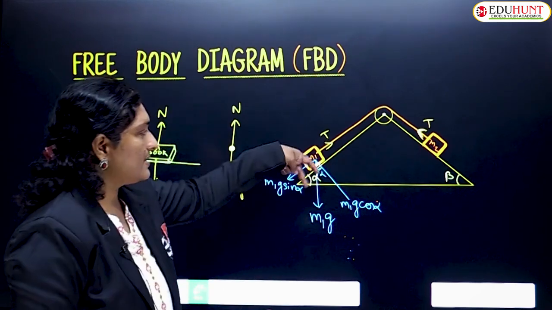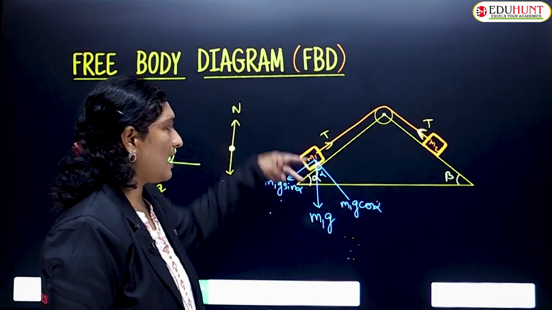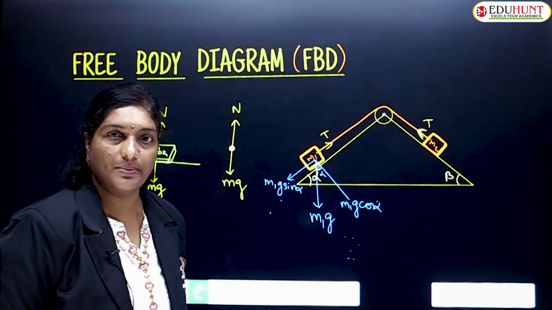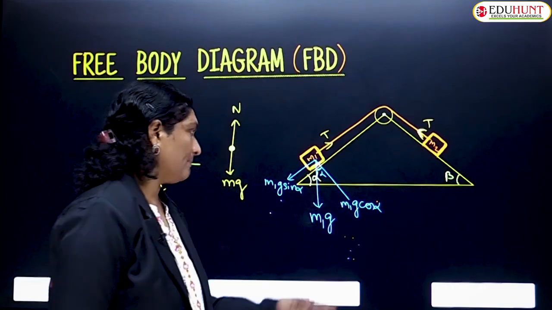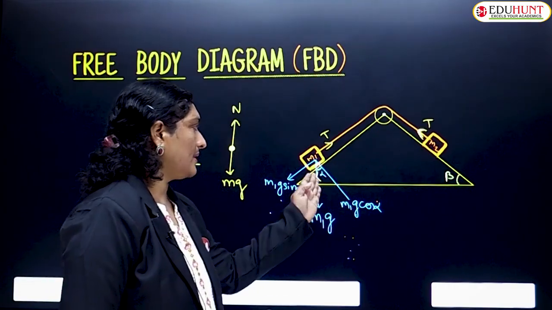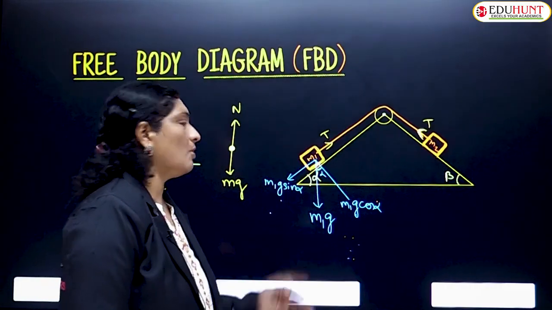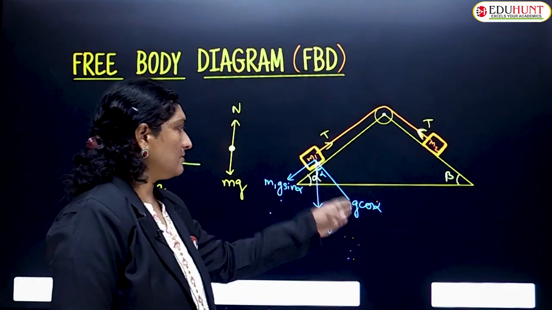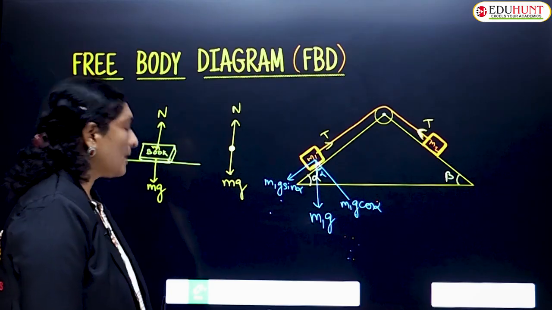The blue lines are perpendicular to the yellow lines. If the angle between these is alpha, the angle between them should also be alpha. The weight of the body is resolved into two components.